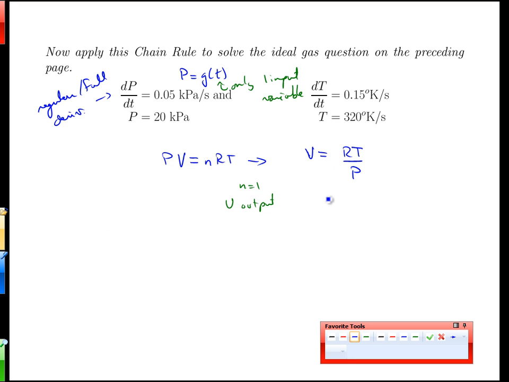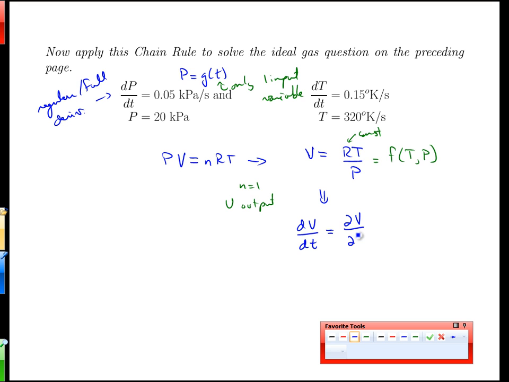And from that, we can say that dV dt is the partial derivative of volume with respect to, sorry, let me highlight this point here. This is a constant. So this is really a function of temperature and pressure only. They're the only things that change.